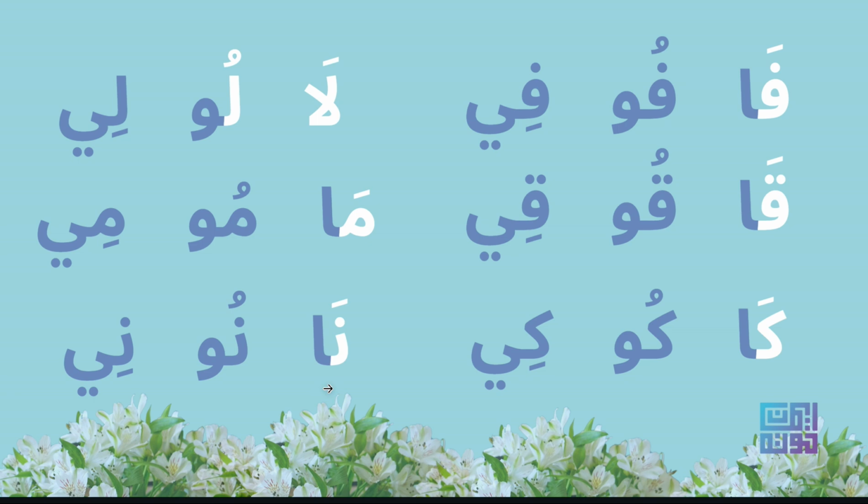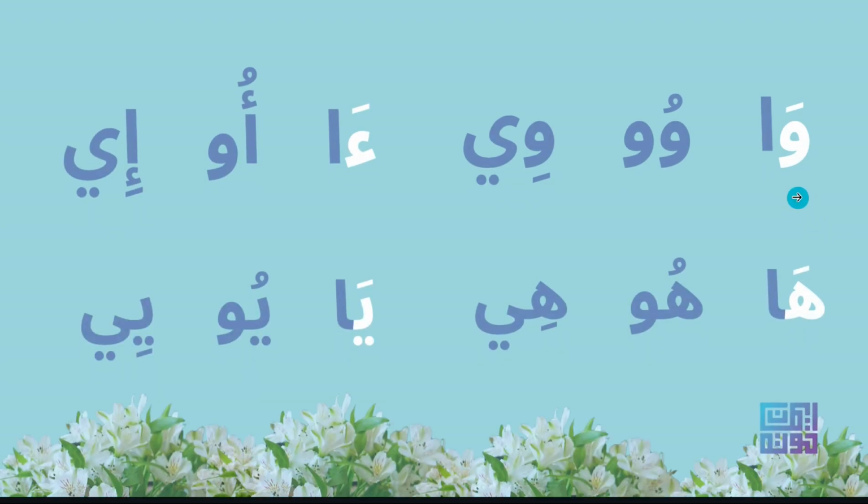So set the alif properly upwards. Na. Open the throat and open the path for the alif to be pronounced properly. Na, nu, ni. Also here, don't say me. It is ma. Don't say le. It's la. Okay? Let's move.